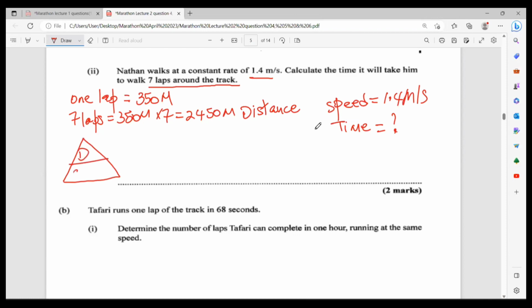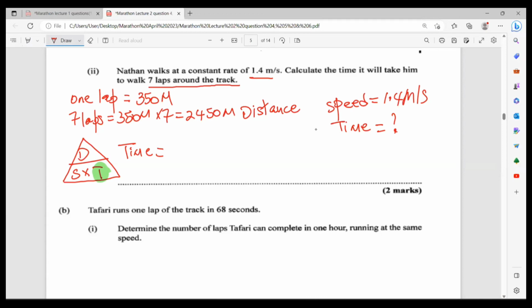Distance is equal to speed times time. So time is equal to distance divided by speed.